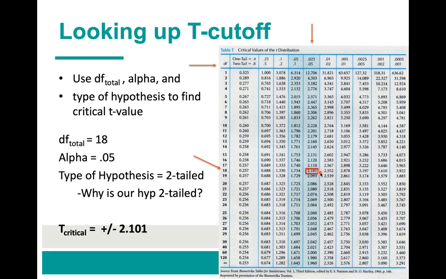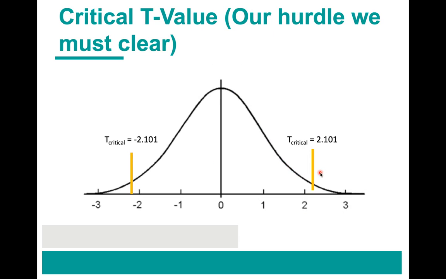So our critical t-values, our benchmarks, our lines in the sand, are plus or minus 2.101. Why plus or minus? Because we have a two-tailed hypothesis. So we want to set up our hypothesis testing like this. We have this distribution.